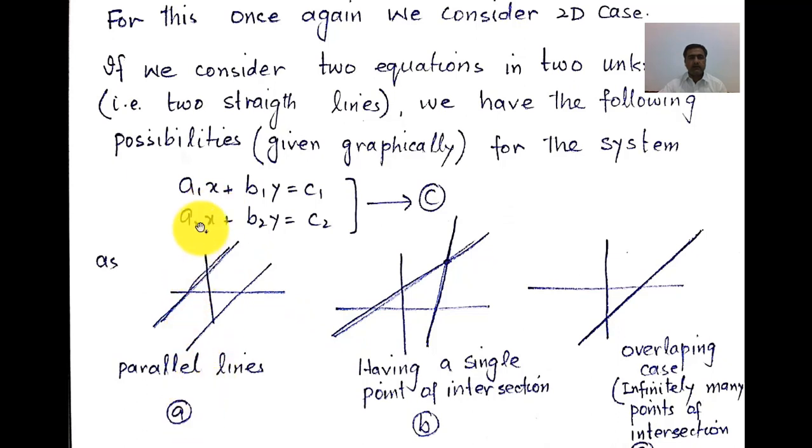Number one, the lines represented by these two equations are parallel, like this. Number two, the lines intersect, but exactly at one point, this point. Number three, the lines are overlapping lines. They lie over each other.